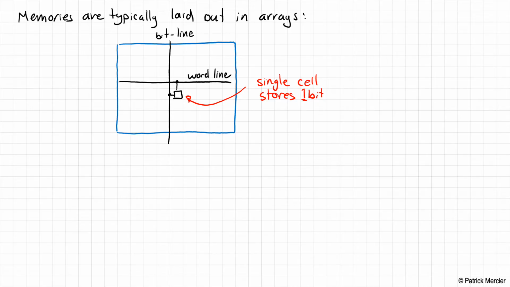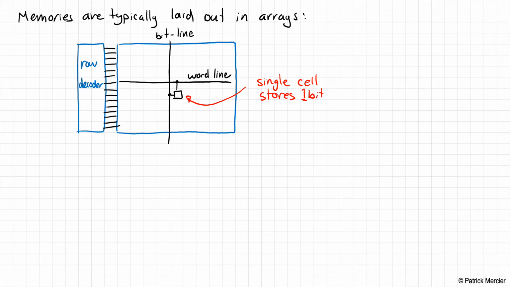Okay, so in order to access each row in the memory, we typically have what we call a row decoder. And the reason we have this is there is a potentially large number of rows in this memory.